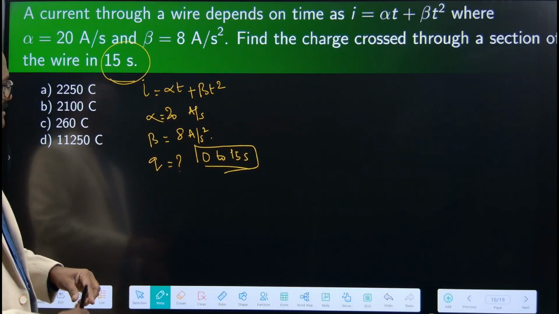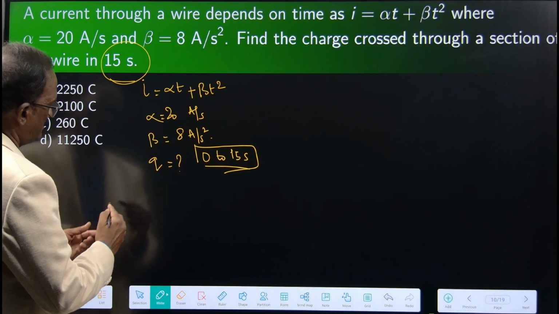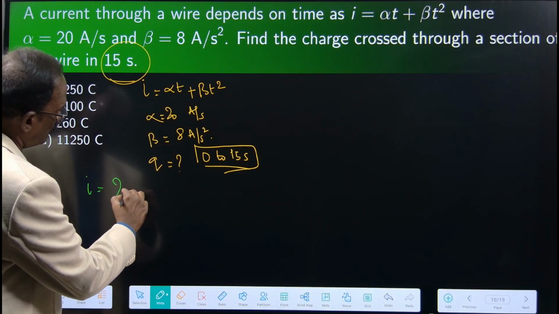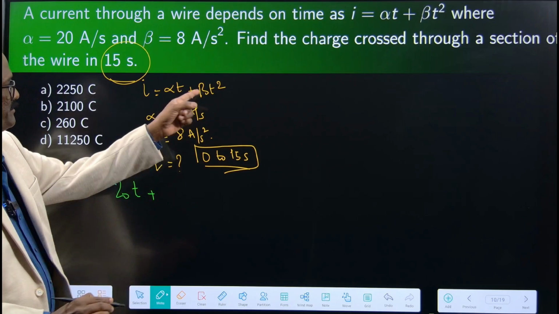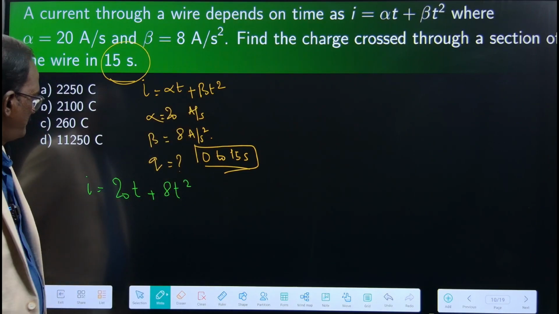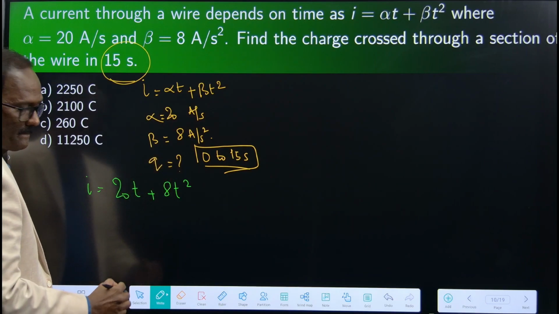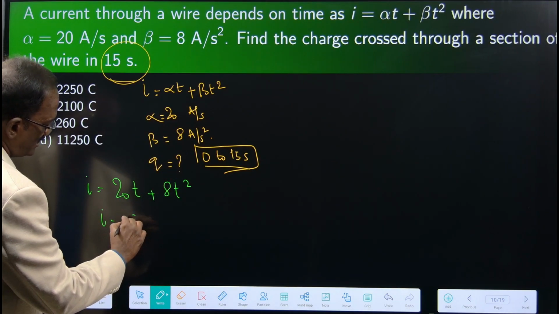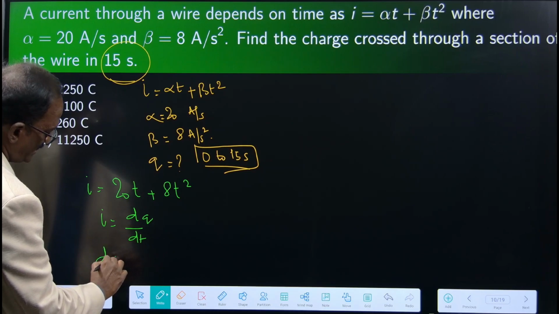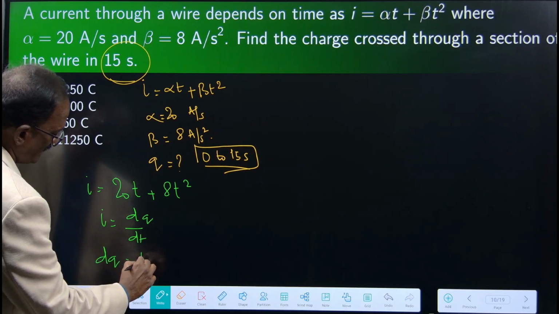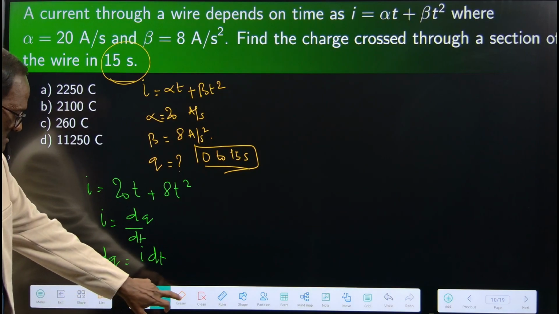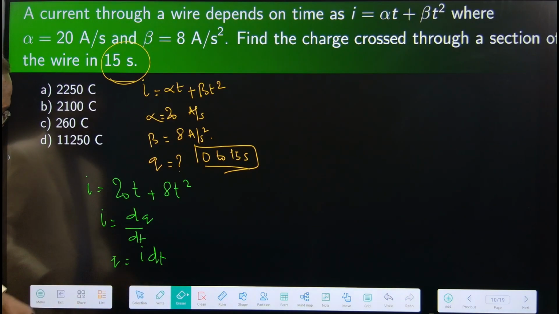Alpha and beta values, let us put in the I equation. I is equal to alpha T plus beta T square, so this is 20T plus 8T square. The question is Q. I is equal to dq by dt. Separate Q. If you integrate it, you will get Q only on this side.